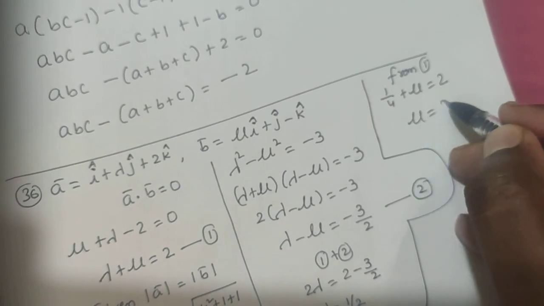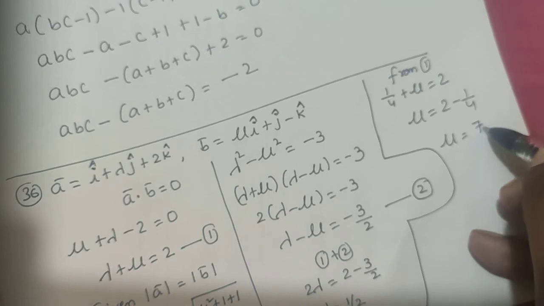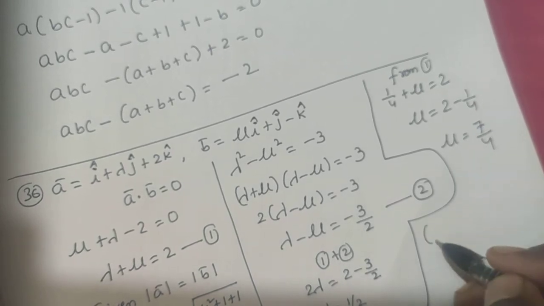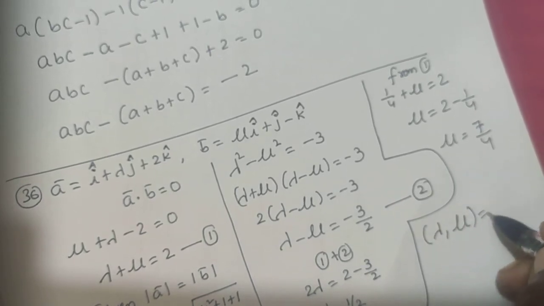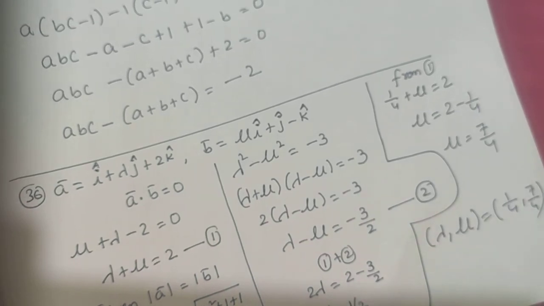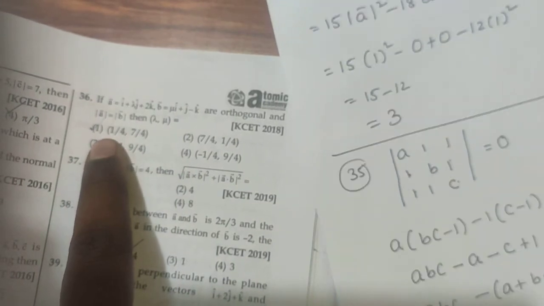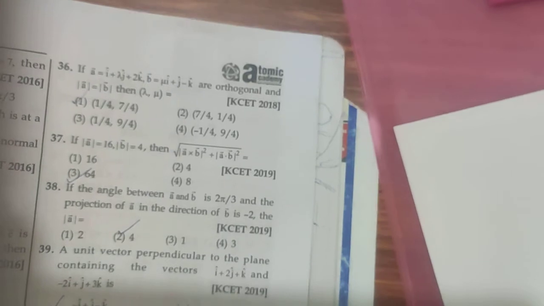Then mu equals 2 minus 1 by 4. 2 fours are 8, minus 1, 7 by 4. Therefore, lambda comma mu is nothing but 1 by 4 comma 7 by 4. That is the answer for question number 36. That is nothing but which option? The first option is the correct answer for question number 36.